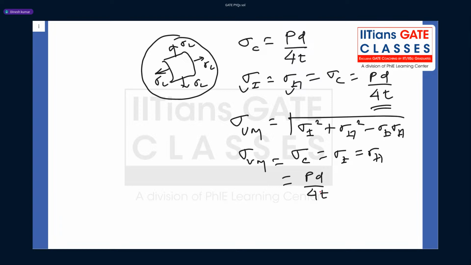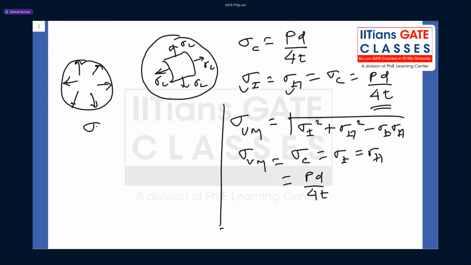Now guys, at yield, when the pressure is acting outward, it will fall under tension. So at yield, sigma y will be equal to sigma 1 Mises, which is PD by 4t. What is the yield? It is equal to 500. So now what is the pressure?